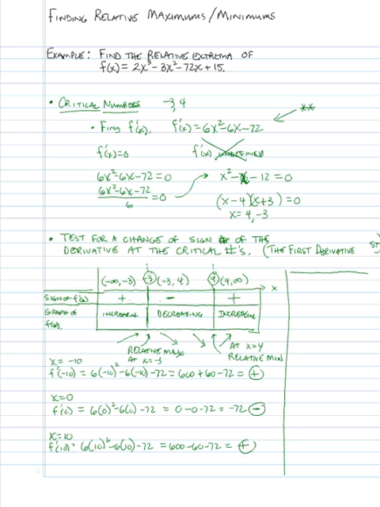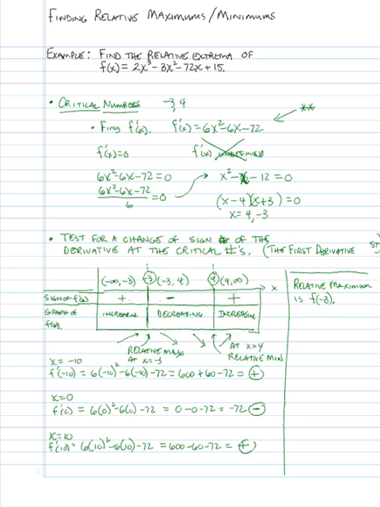Okay, so let's first look at this relative maximum. See, the relative maximum is the y value f of -3. So we're talking about the original function f. Okay, original function f.